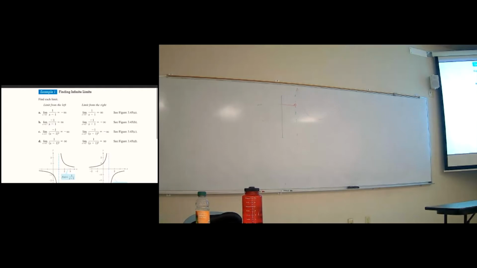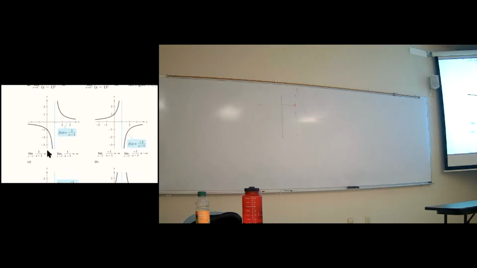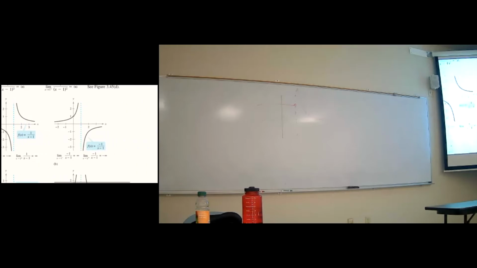Limits from the left that go to a bunch of different values. We've got from the left, it goes to negative infinity, and from the right goes to infinity. Corresponds with this graph here. Oh, they do have, sweet. Notice here, we go from the left up to infinity, and from the right down to negative infinity.